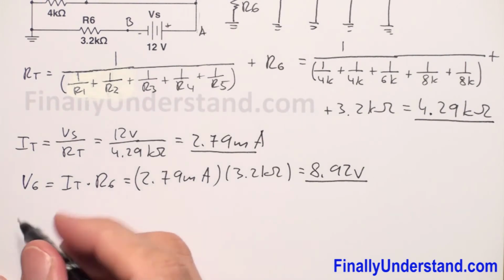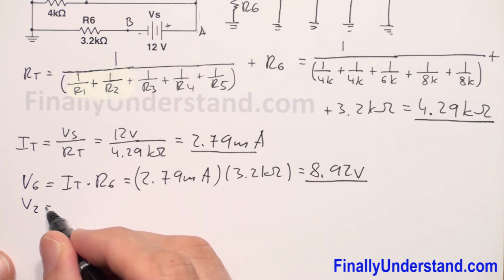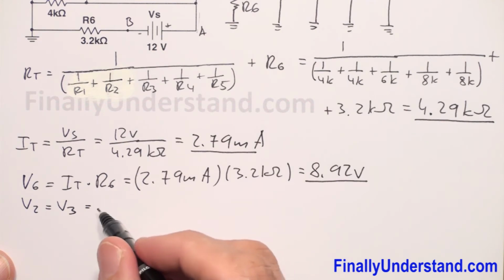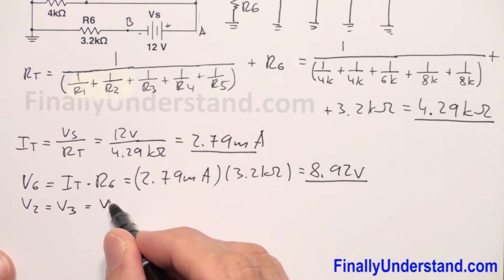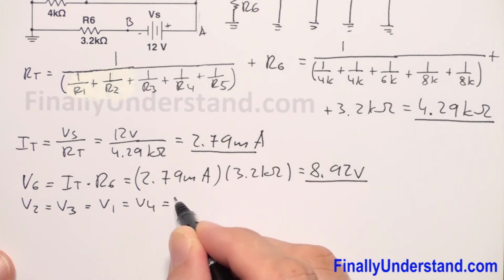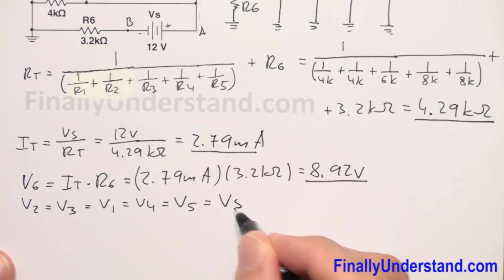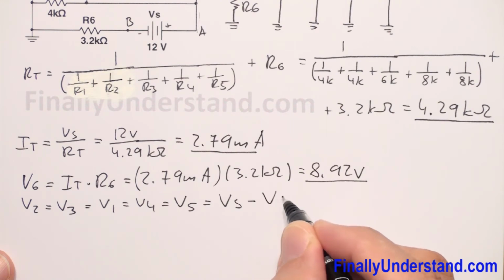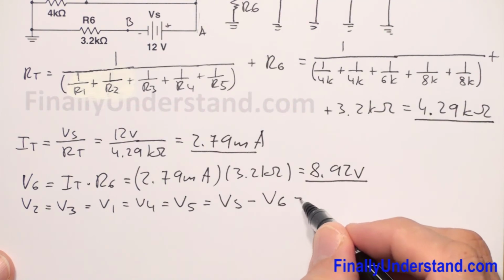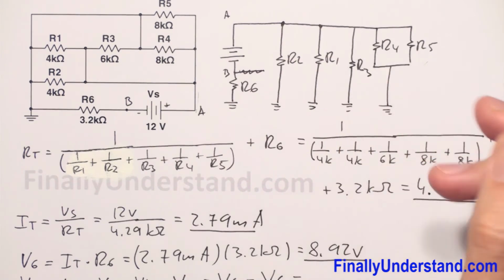So voltage V2 is going to be equal to voltage V3. This is also equal to voltage V1, also equal to voltage V4, also equal to V5, and this is going to be equal to the voltage source minus V6. Okay, so the voltage source minus this voltage will give me the voltage across these resistors.